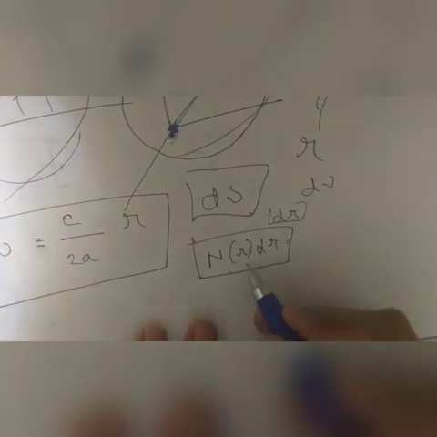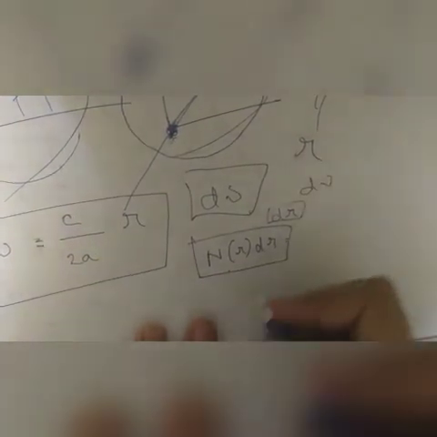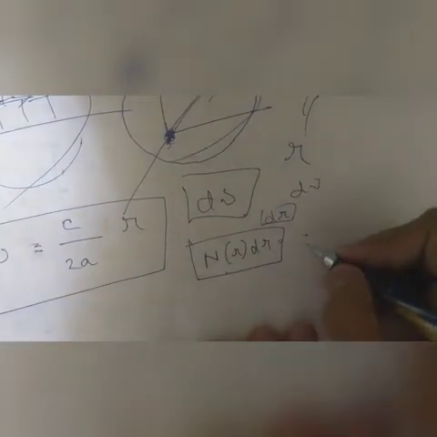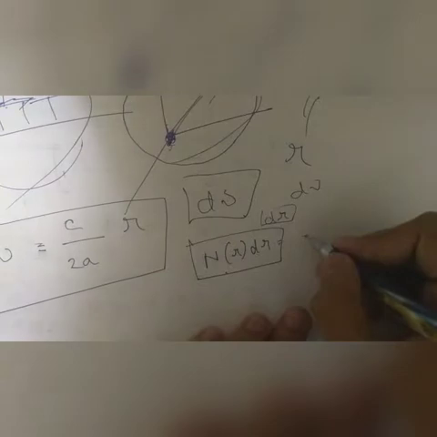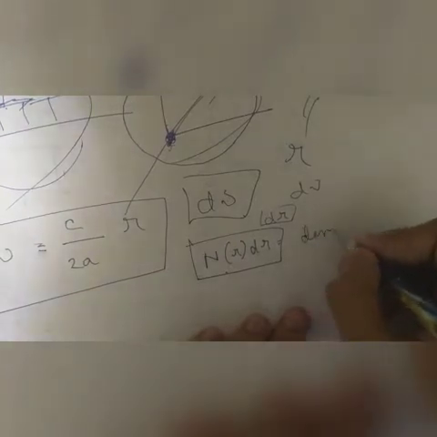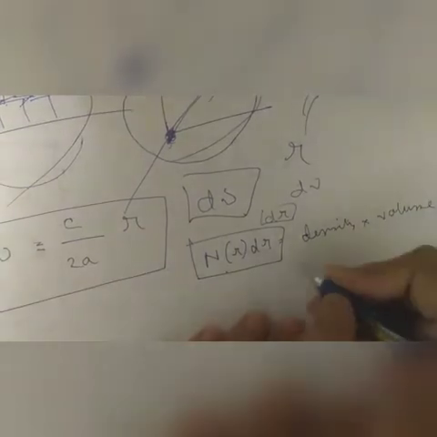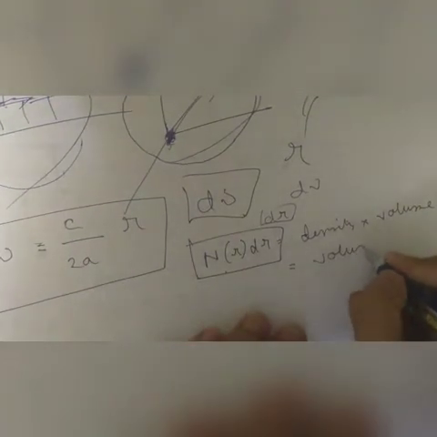This is in terms of r, which will later be converted in terms of nu. This term will be equal to the density into volume, but here the density is 1, so it simply equals the volume.